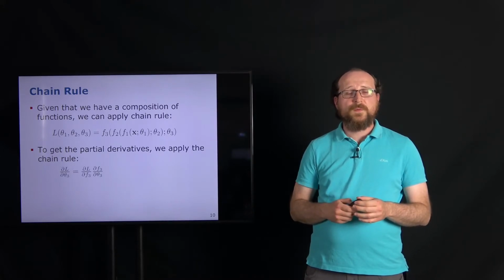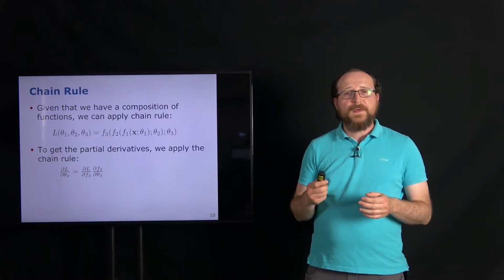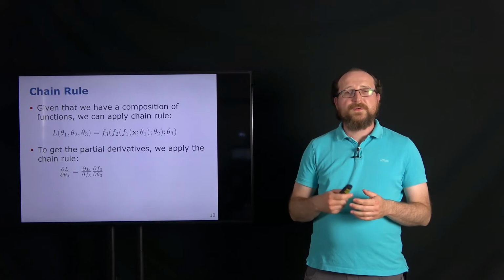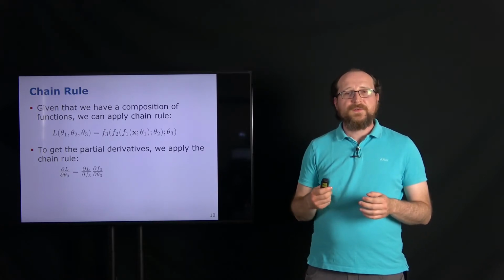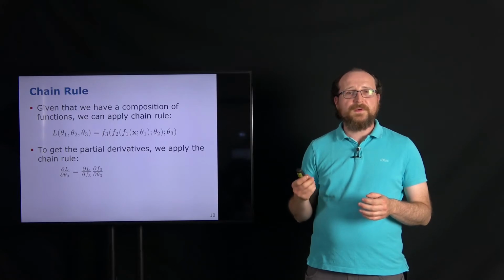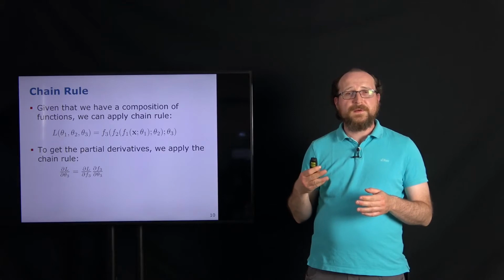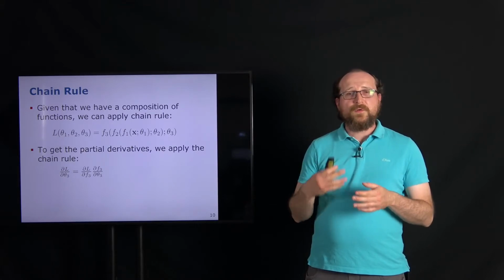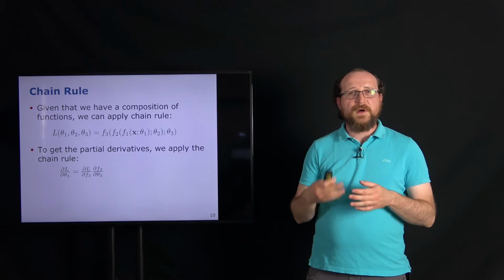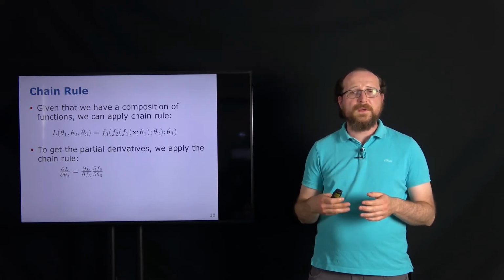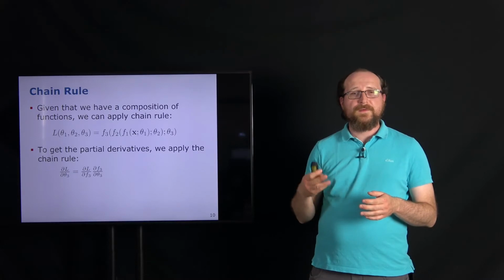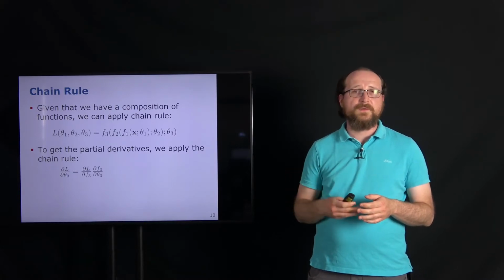So for computing the partial derivative of L in respect to theta 3, we are just using the chain rule. In this case, it's L in respect to f3, and then we have f3 in respect to theta 3.